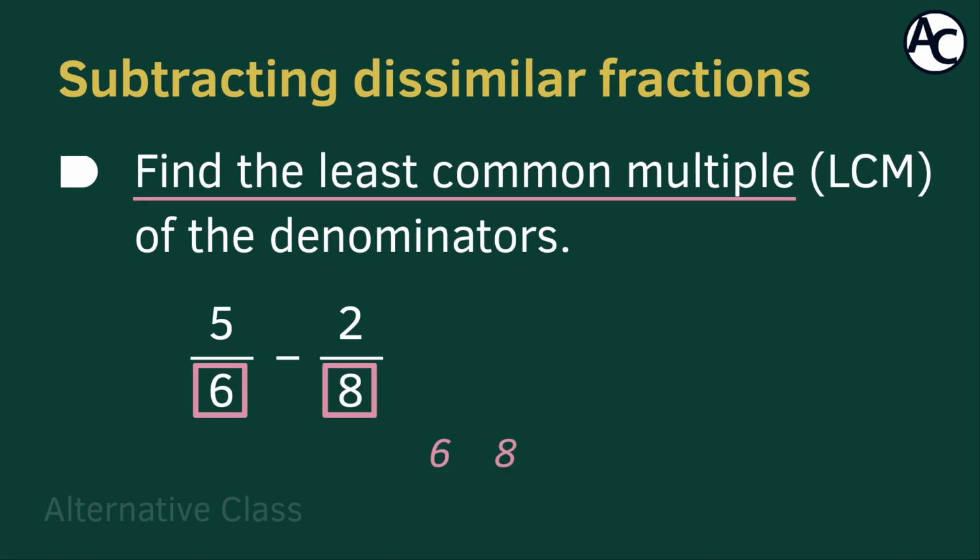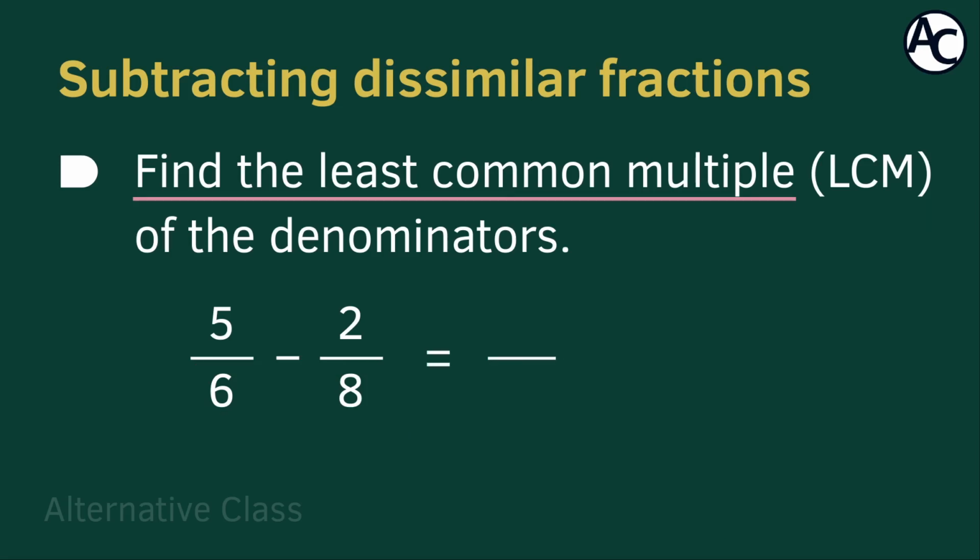Both numbers are even, so they are divisible by 2. So 6 divided by 2 is 3. 8 divided by 2 is 4. 3 and 4 don't have a common factor, so we stop the operation. To get the LCM, multiply the common factor and the remaining factors of each number. 2 times 3 times 4 is 24.